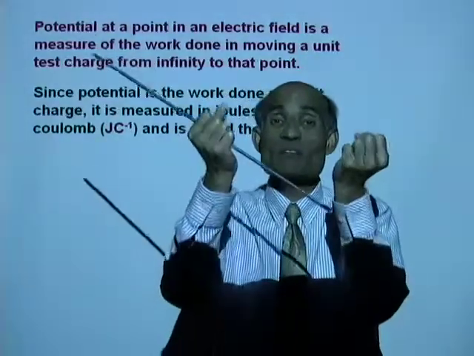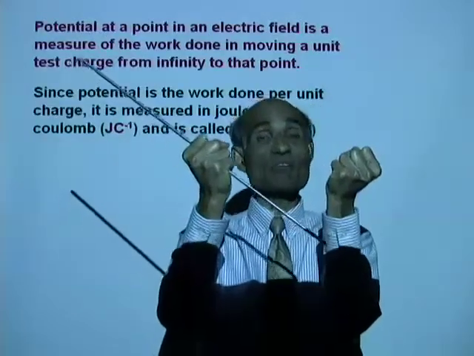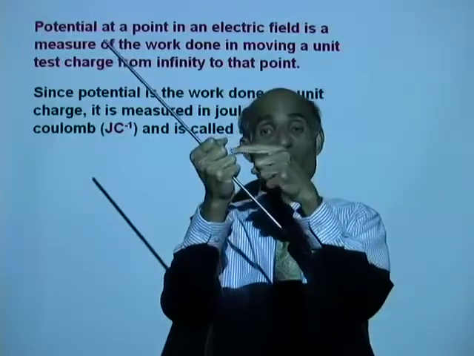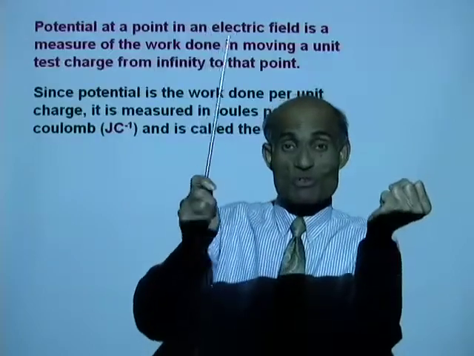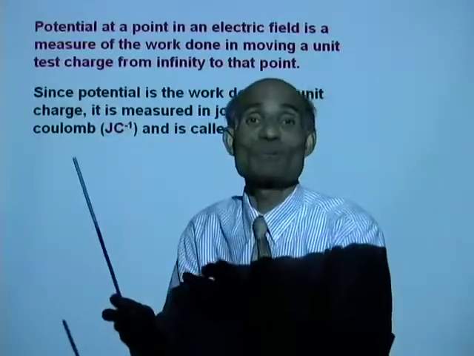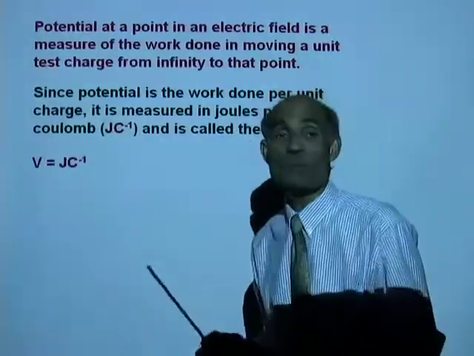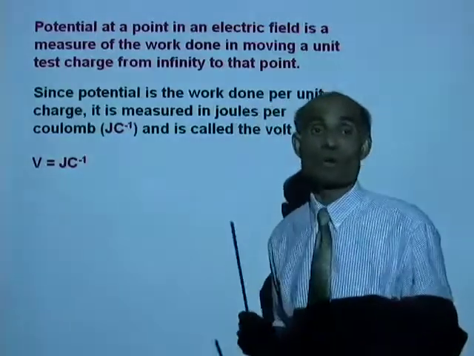What is the meaning that the potential difference between 2 points is 5 volt? It means to move a unit test charge from one point to the other, you need to do an amount of work of 5 joules per coulomb. Alright? So keep these ideas alive in your mind. Volt is joules per coulomb.